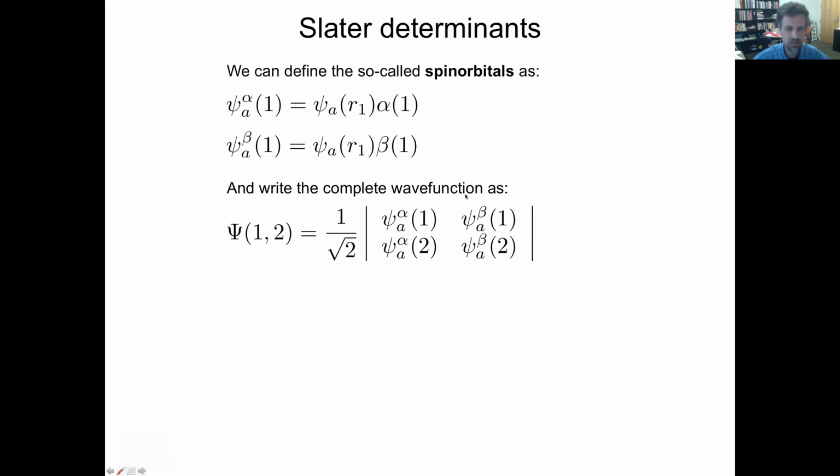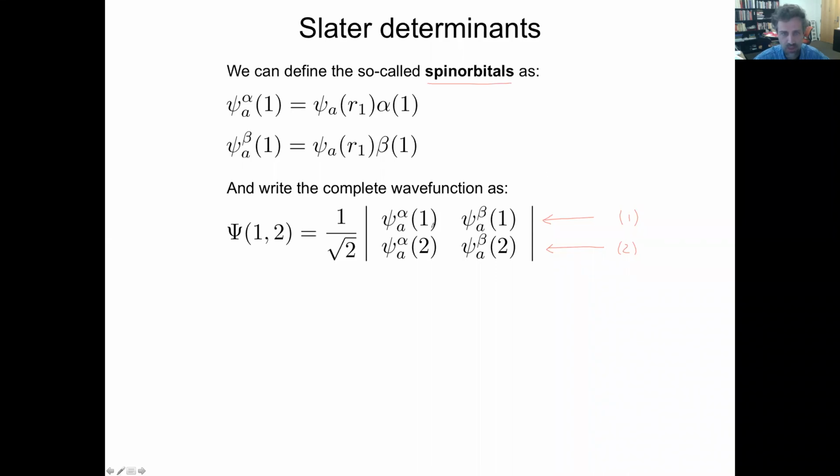The first row lists all the possible spin orbital states of particle one. This is the row for particle one, and this is the row for particle two. So we go row by row, and each row is the possible states in which a particle can sit, written in this so-called spin orbital way.